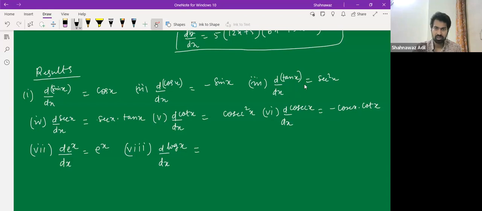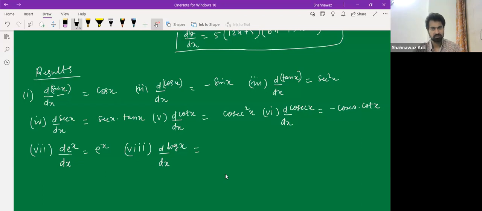I wrote this separately, but if we know sine and cos, then the rest we can prove. Because tan x is sine x by cos x, so you can use the u by v rule and calculate. So we only need to learn the sine x and cos x.